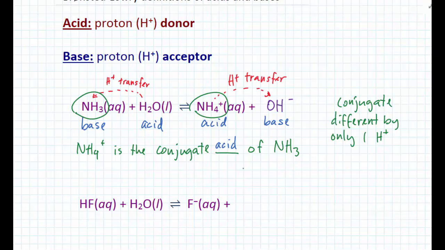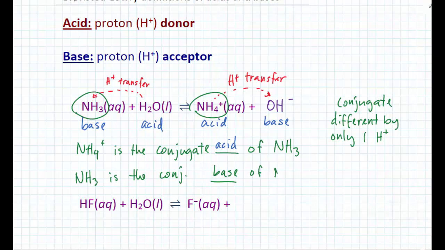If we reverse that, NH3 would be the conjugate what? Base of NH4+. Wouldn't hurt for us to write that. NH3 is the conjugate, I'm going to just write CONJ, conjugate base of NH4+.